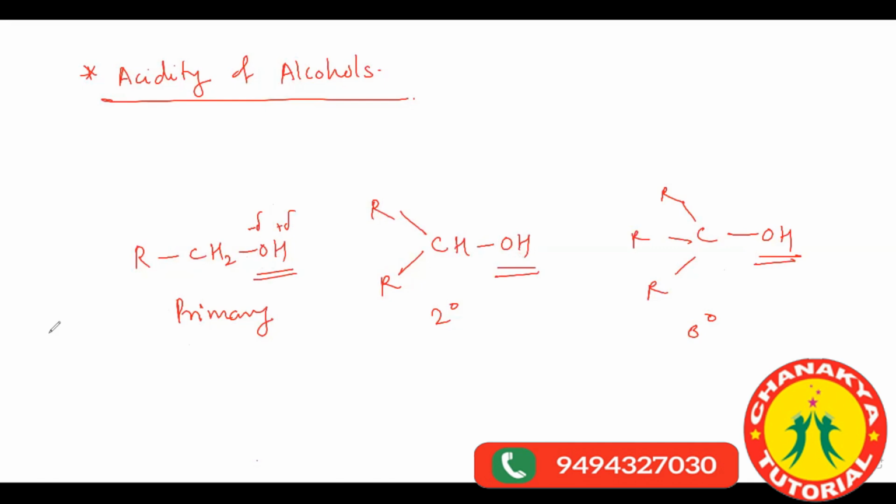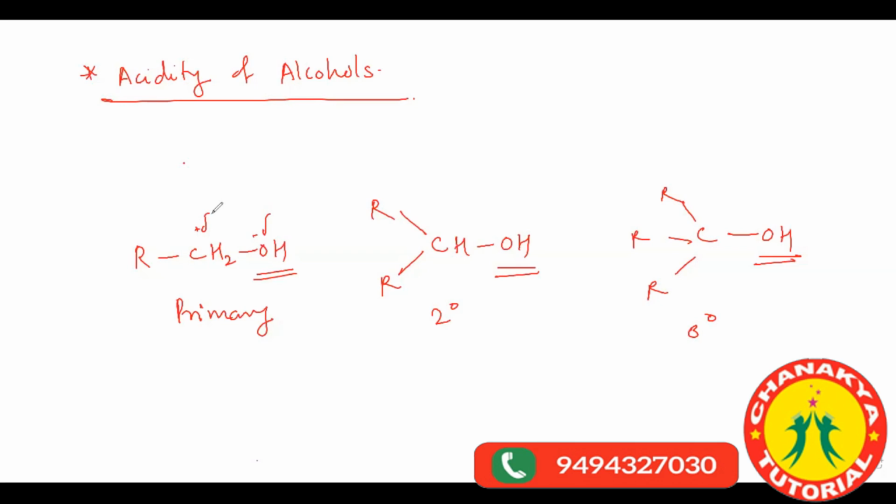Or else we can say it is due to positive character on the carbon and negative character on the oxygen. That is also what we can consider. This is negative and this is your positive character, correct? Positive and negative delta. Aditi, are you understanding what I'm trying to say?